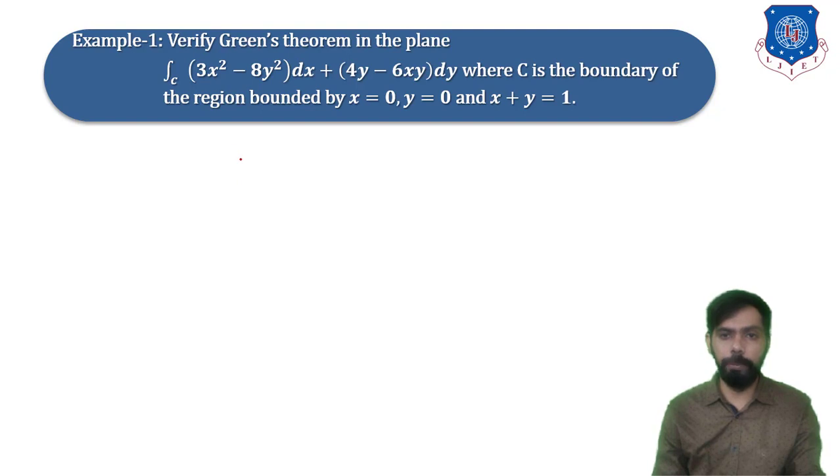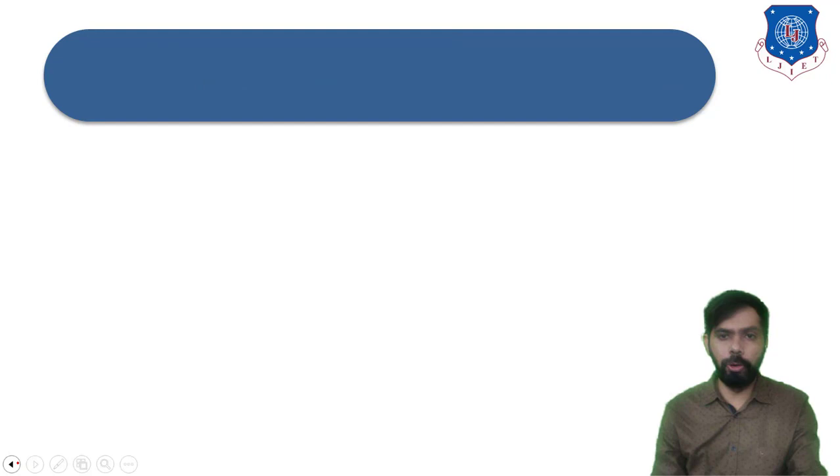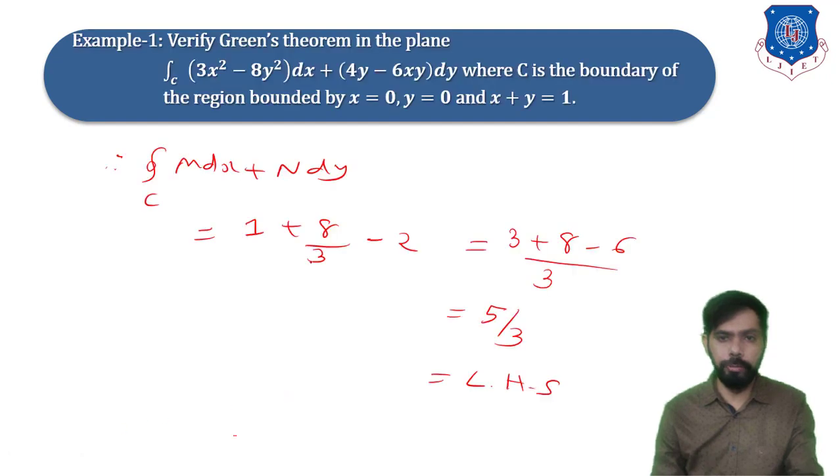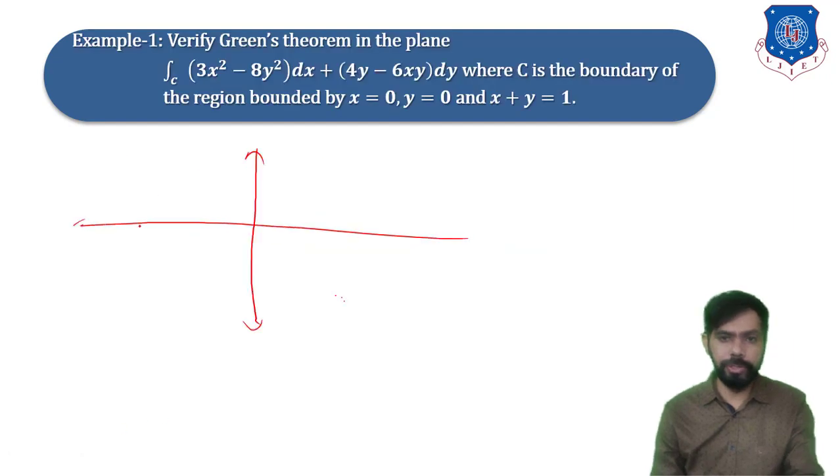So for that purpose, we will plot the graph, x-axis, y-axis. Okay, this line represents the y equal to 0 line, because on the x-axis the y coordinate is 0, and this line represents the x equal to 0 line because on the y-axis the x coordinate is 0. Okay, and suppose this is the 1 comma 0 point, and suppose this is the 0 comma 1 point.